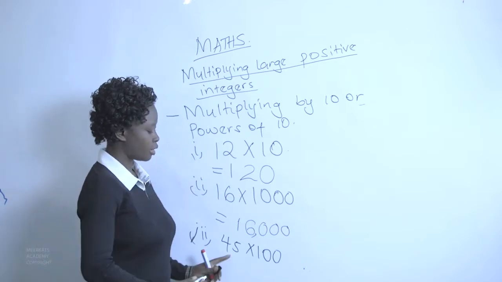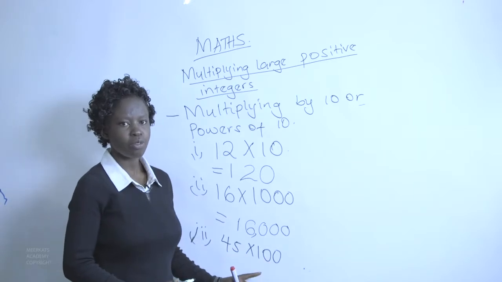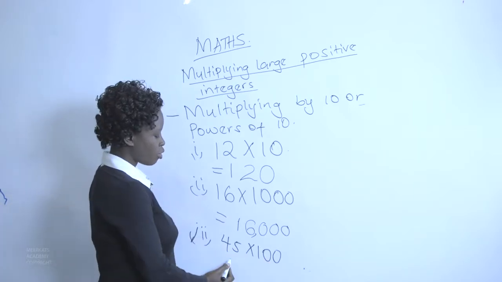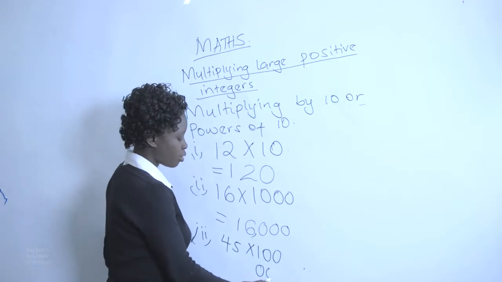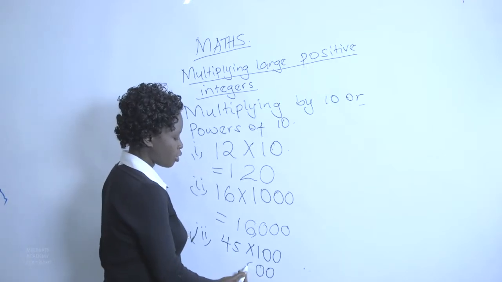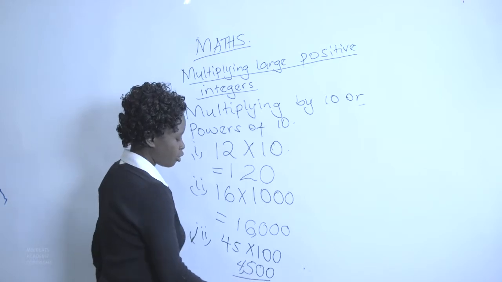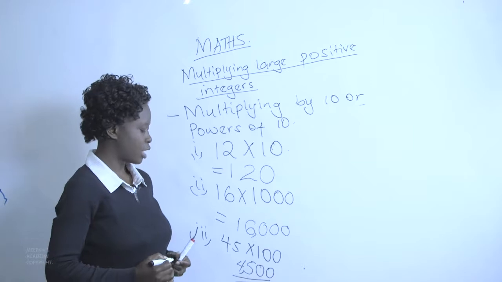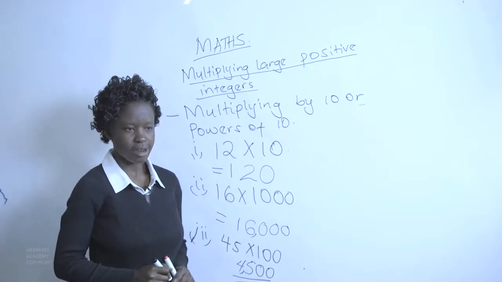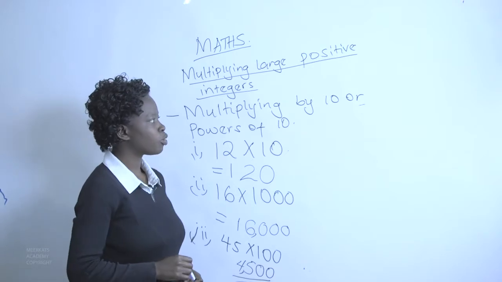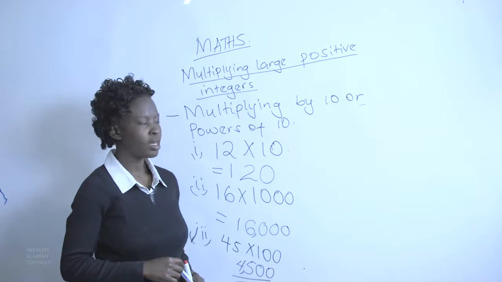Our digits move to the left by 2 steps, so we write the 2 zeros, then 5 and 4. The answer to 45 times 100 is 4,500.